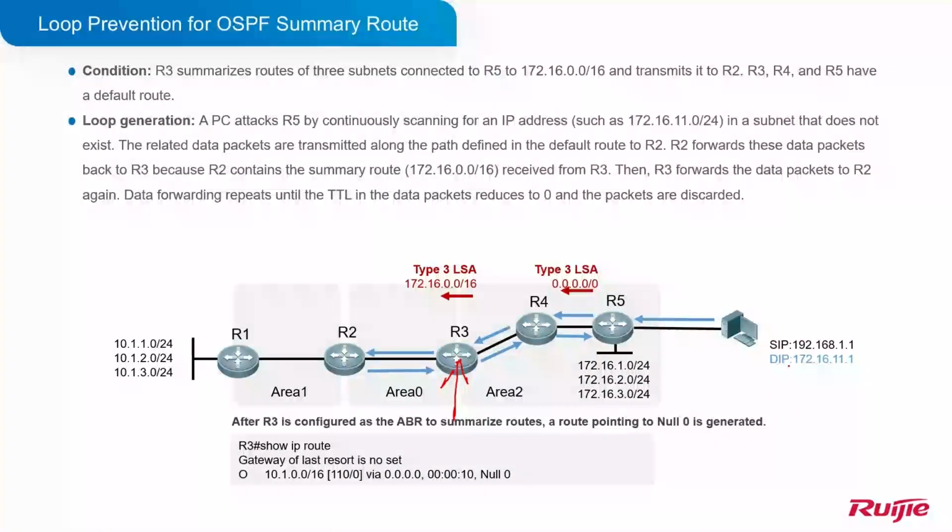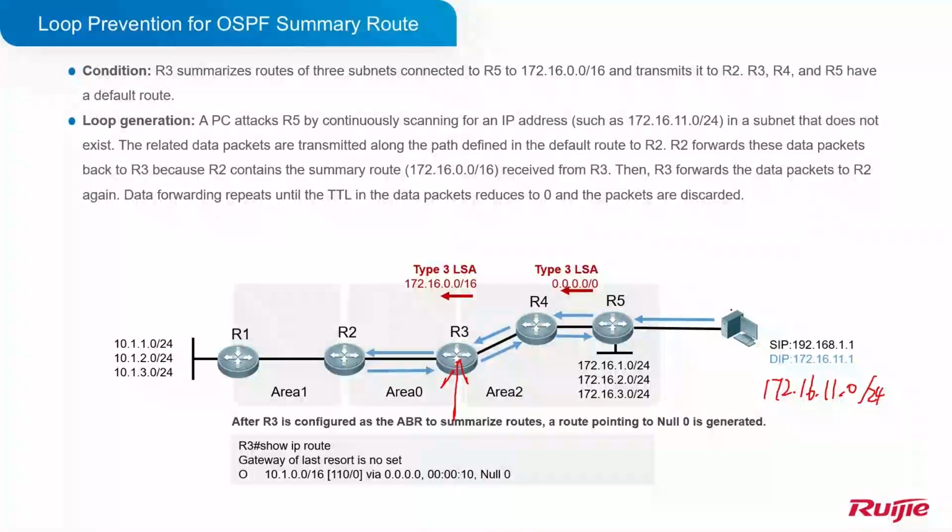So now, a PC wants to communicate with the destination, and we can see the destination actually belongs to the segment 172.16.11, right? Okay, and the source IP is 192.168.1.1.